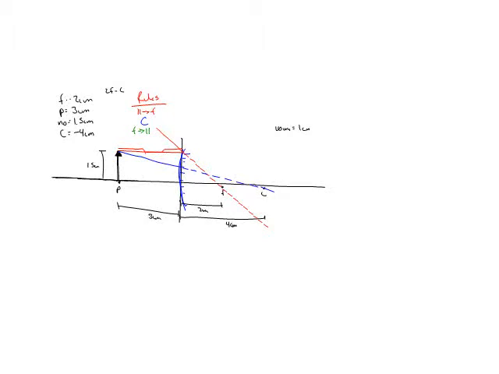So, top of the object through F, stop when you hit the mirror. Once you hit the mirror, you're going to bounce parallel. You should get a pretty good convergent point right about there.